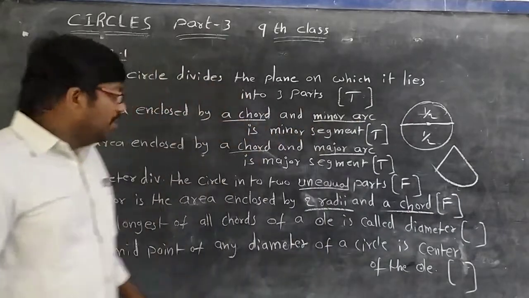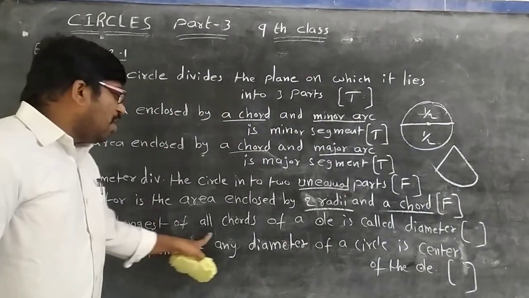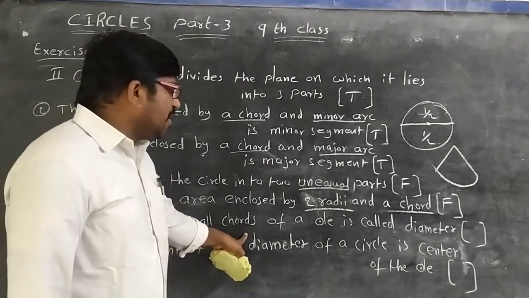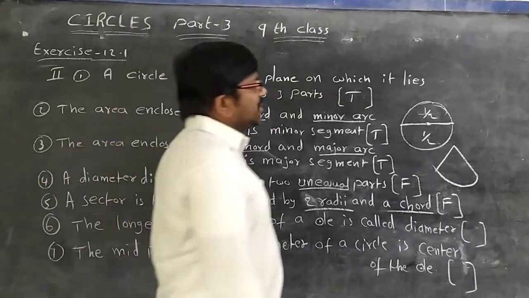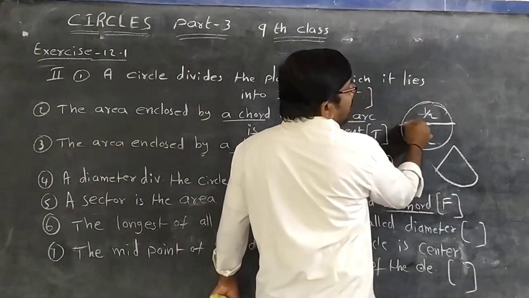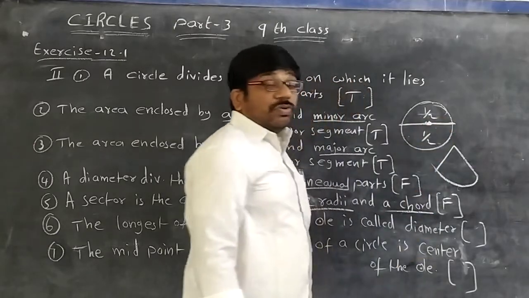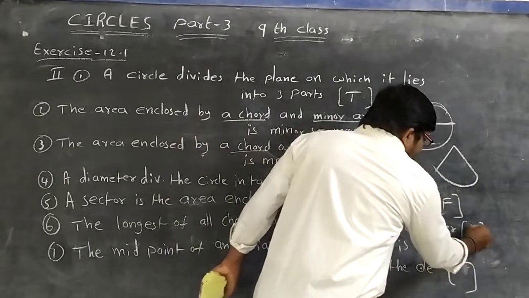Next statement. The longest of all chords of a circle is called the diameter, right? In any circle, the longest chord is the diameter, which passes through the center of the circle. So this statement is true.